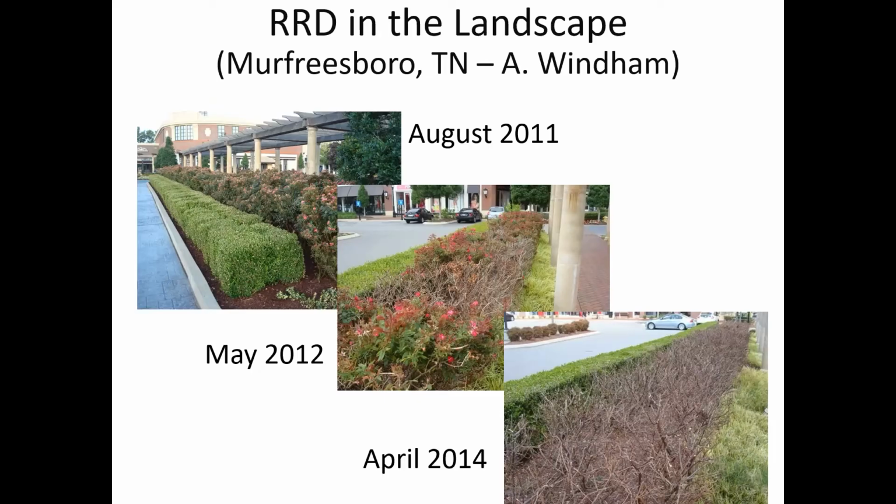In 2012, many of them had died from Rose Rosette. 2014, well, we're back to uniformity again. They're all dead. Now, I tell you that in 2011, it looked great. You said, Doctor, did it kill them that fast? No, there was Rose Rosette in it. But from a distance, as you're driving by in your car, you didn't notice it, but it was there.